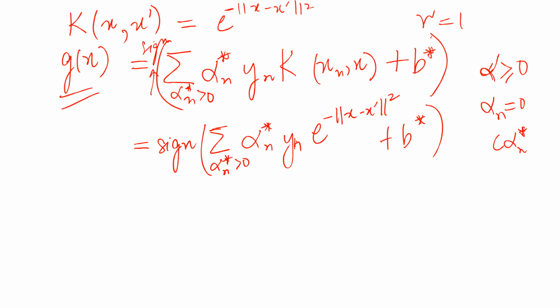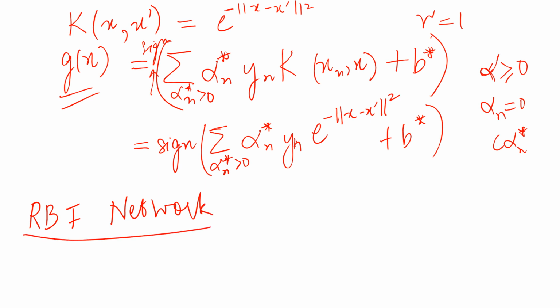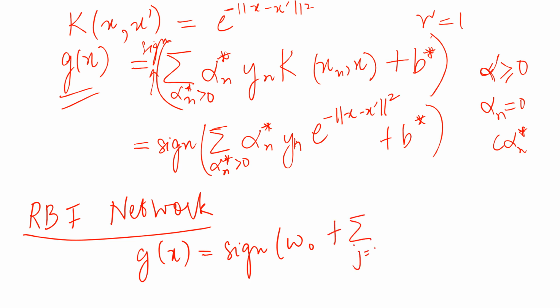Okay, now let's revisit the RBF network. If you remember the RBF network, let us revisit that. So the RBF network has my g of x equals sine of the bias term, of course, plus the summation j from 1 to k.